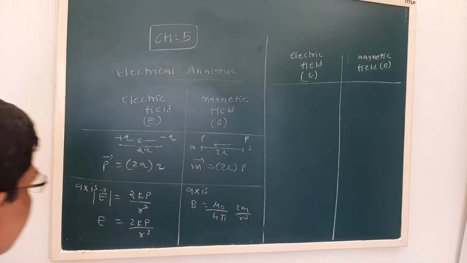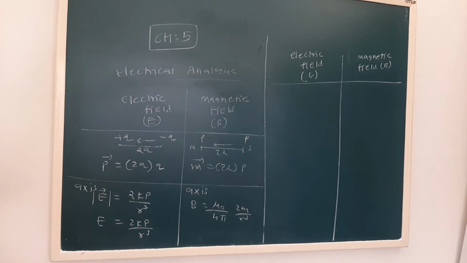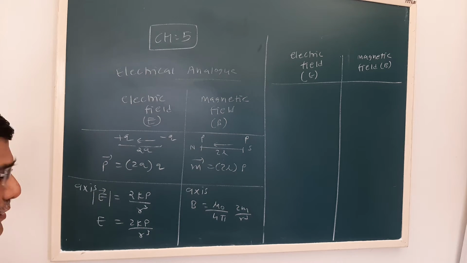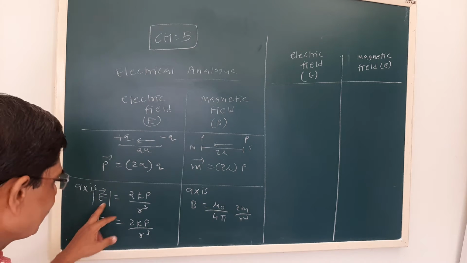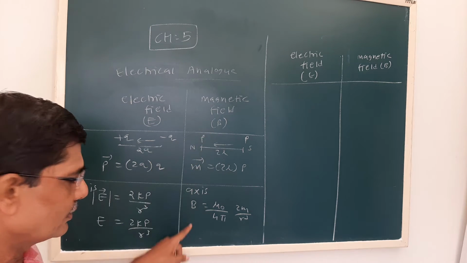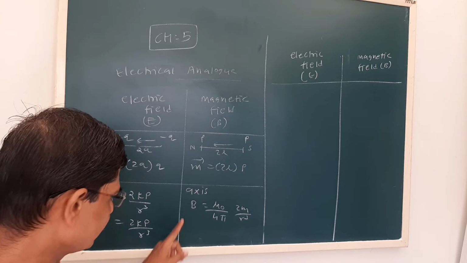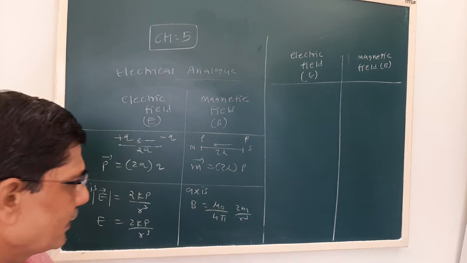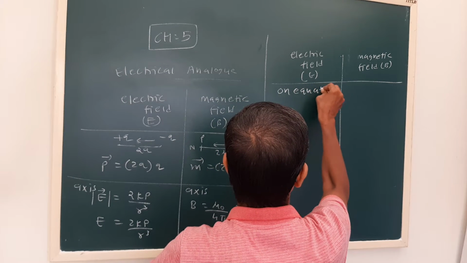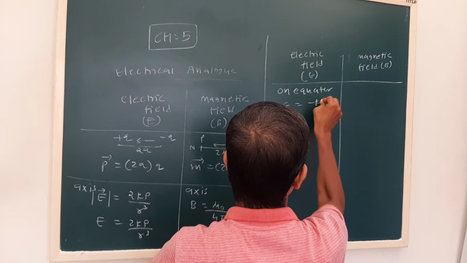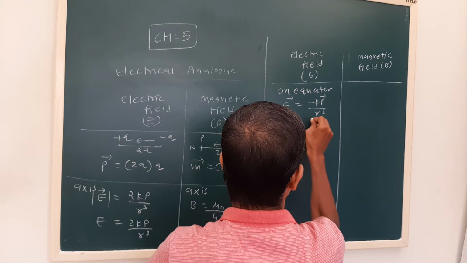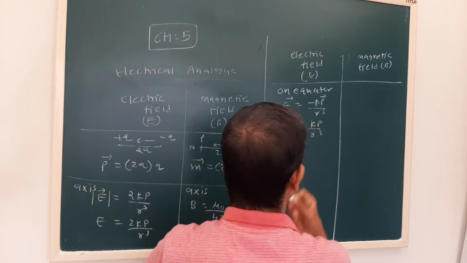Now see, the electric dipole moment is 2a into q. Here the magnetic dipole moment is 2L into p. See, at any point on the axis of the electric dipole, the electric field is 2kp upon r cubed. Here on the axis of a magnetic dipole, B is equal to mu 0 upon 4 pi into 2m upon r cubed. See, on the equator, the electric field is minus kp upon r cubed.